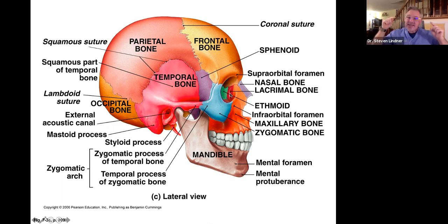That's where your tears will roll in, right? You have your lacrimal gland that's always superior and lateral in both eyes, and then your tears roll down inferior and medially into the punctum of the eye, and then it drains right here into the lacrimal duct, inside the nose.